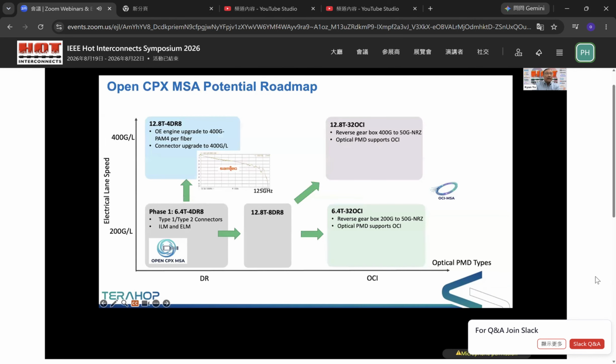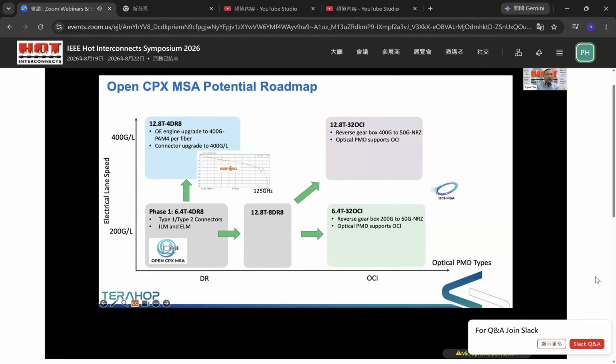My last page is looking at the OpenCPX MSA potential roadmaps. We are focusing on the first generation, Gen 1, 6.4T for DR8. This is in the works, with the spec release forecasted for before ECOC time. And then we are looking at the next couple of generations to see what's potential to further enhance OpenCPX.